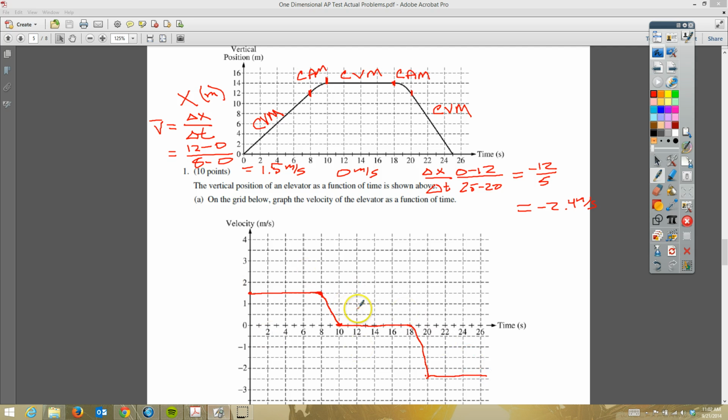And so this graph would be worth 4 points. You get 1 point for having this very straight line at the 1.5. You'd get 1 point for having the connection between the 8 and the 10 to show the constant acceleration. Then they would do also a point, I think from what they had was another point here, and then you had another point here.